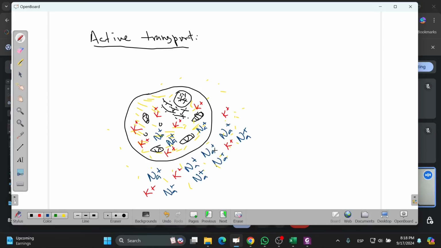No energy involved. What if the cell needs to get rid of some sodium ions? Look, there are fewer inside, and there are many outside, plenty outside. And the cell still needs to get rid of some sodium ions to bring some potassium in. Well, that will be difficult, right?